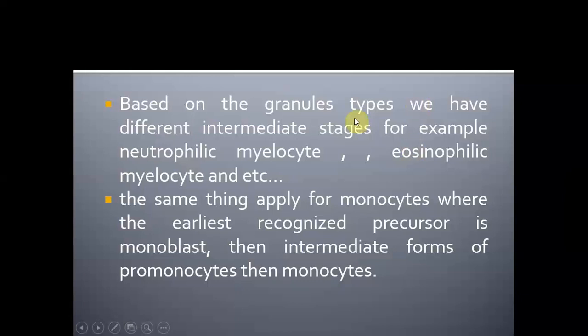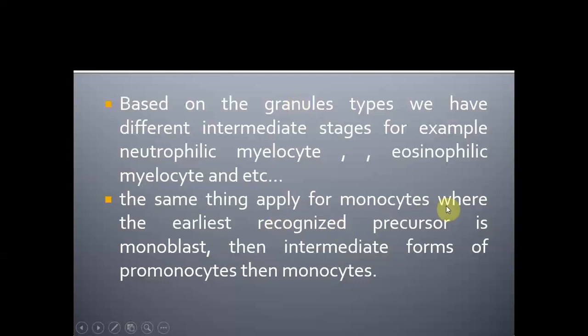Based on the granule type, as we said, we have different intermediate stages. Differentiation between eosinophils, basophils and neutrophils starts where? It starts from the myelocyte stage. We can have a neutrophilic myelocyte, eosinophilic myelocyte, and then neutrophilic metamyelocyte, neutrophilic band stage, and finally neutrophil. The same thing applies for the eosinophilic myelocytes and the basophilic myelocytes, and so on.